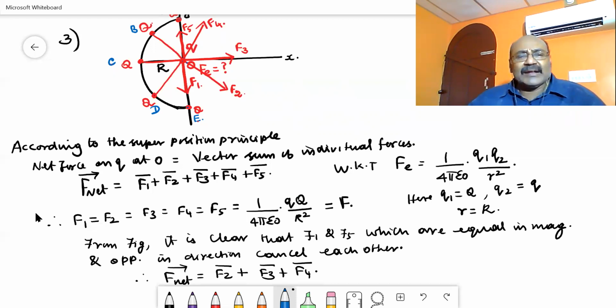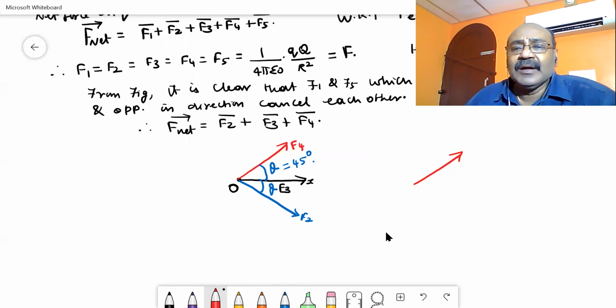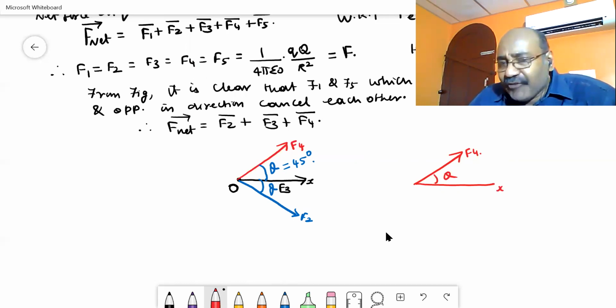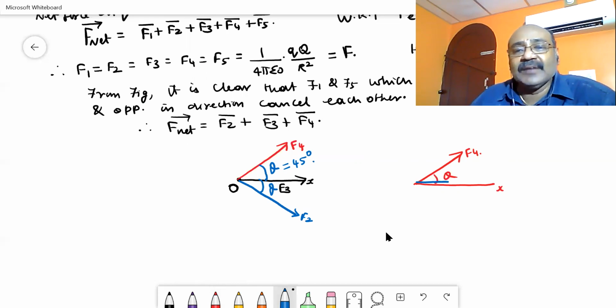Now, how to get the resultant using this? In order to get the resultant of these three vectors, first of all, I am considering this force F4. When I am considering this force F4, which is inclined at an angle theta to the x-axis, this force F4 can be resolved into two components: one along the horizontal, and another one vertical.